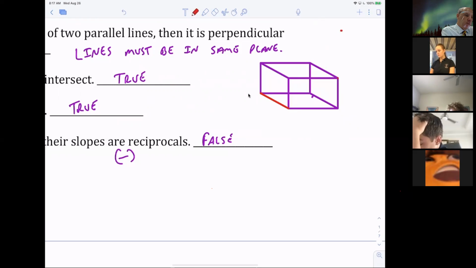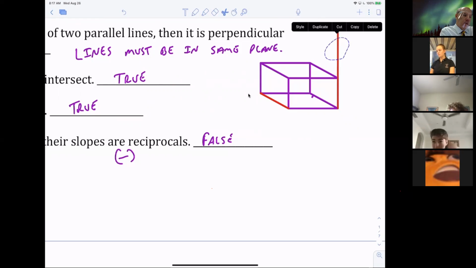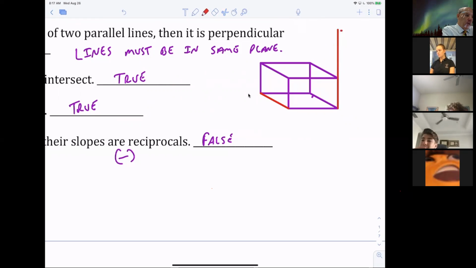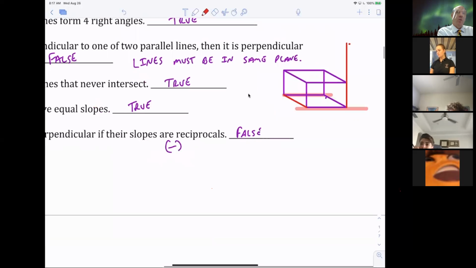This is perpendicular, right? Now, this line right here is parallel to this line right here. You see that now? But it's not perpendicular to the other one. You agree? All right, so again, to me, the 3D visualization is always helpful in my opinion.